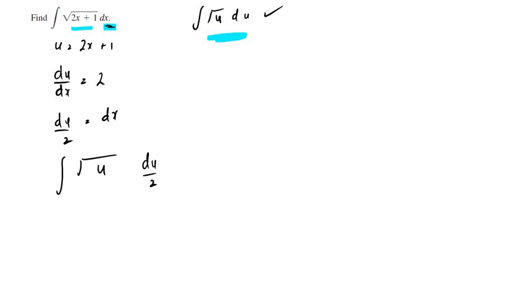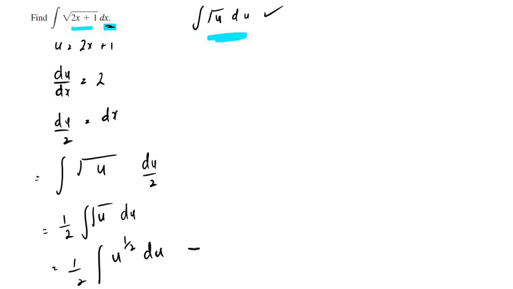This is not a function of u, so we can bring it forward. So we can write half the integral of square root of u du. And this is something we know how to do. So let me rewrite this. We have this as half the integral of u to the power half du.